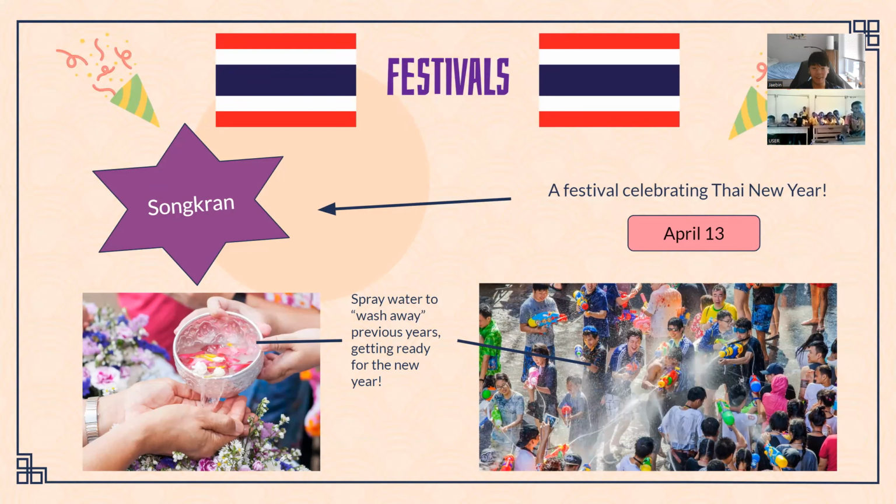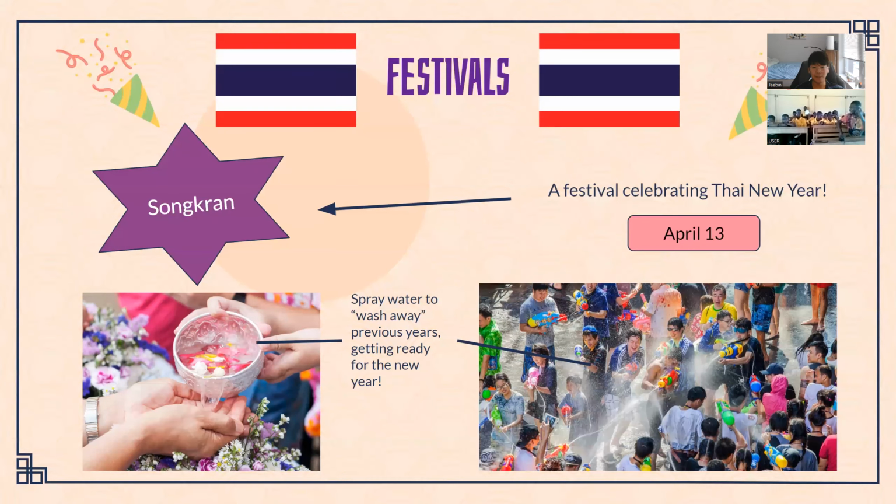On the right here is people with water guns shooting each other and spraying water on each other. And on the left is people washing their hands with water. People believe that they spray water to wash away their previous years and get ready for the new year.